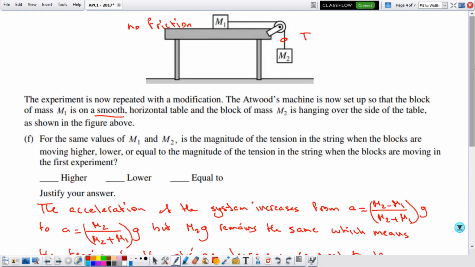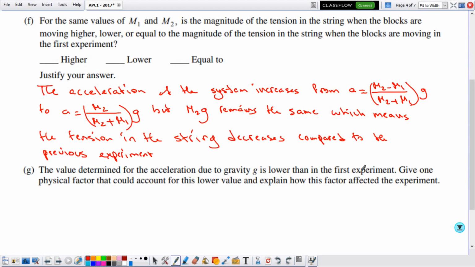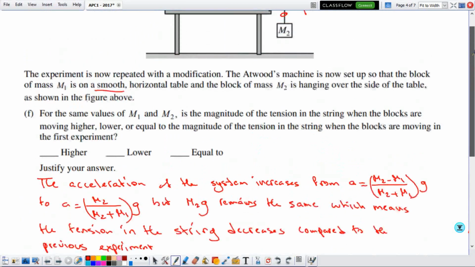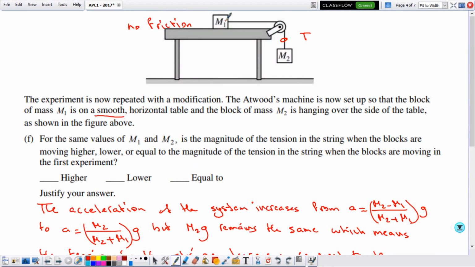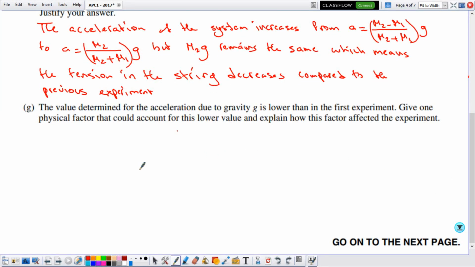So the difference between the first and the second is introducing this table. They're telling you, give one physical factor that could account for a lower value of g, and this might happen due to the friction between M1 and the table. Although we're assuming that it's smooth, which means friction is negligible, however still we have friction. So the physical factor that might affect our calculation is friction.